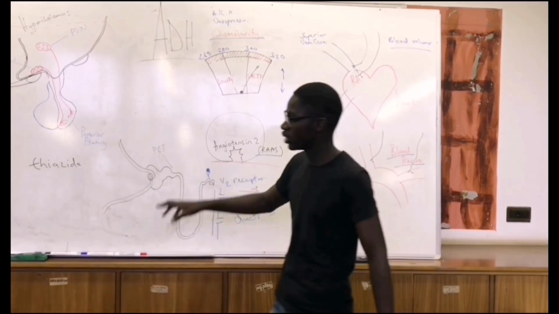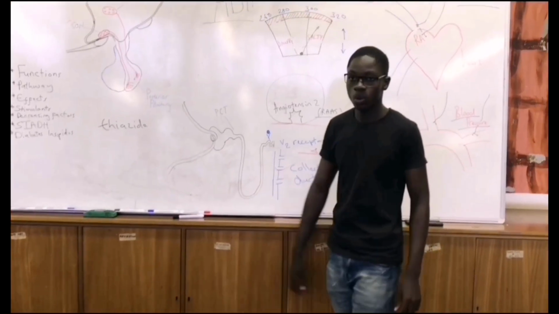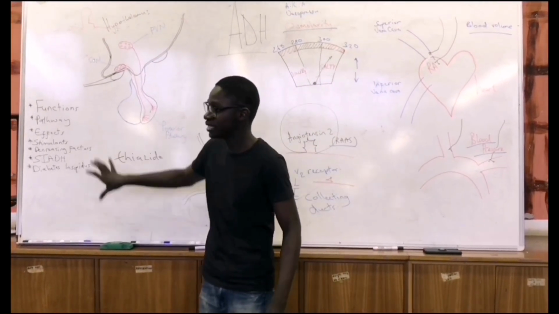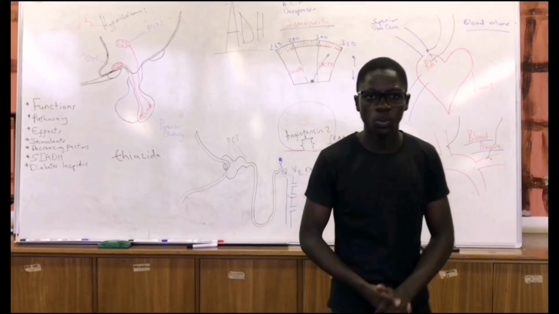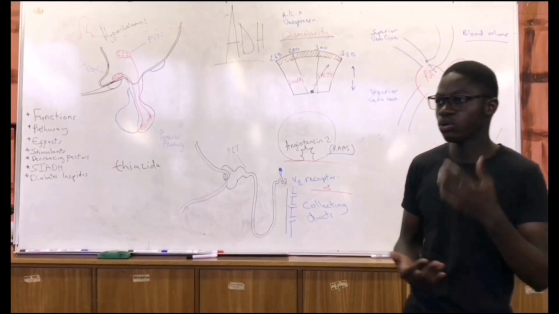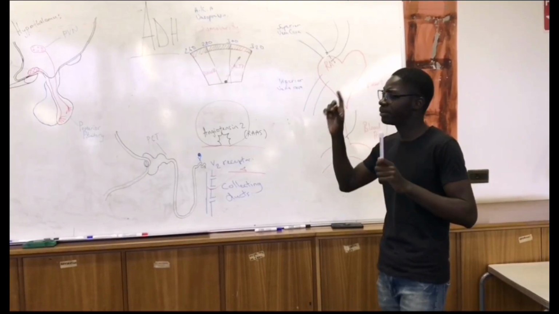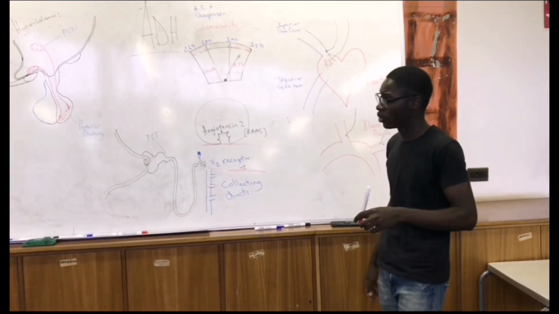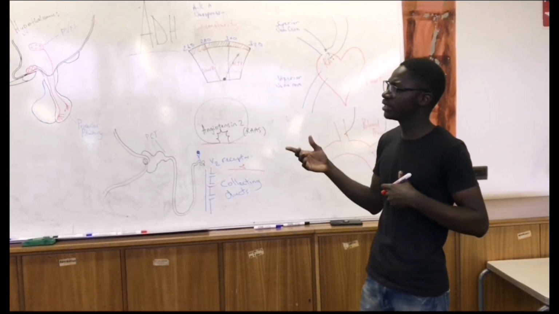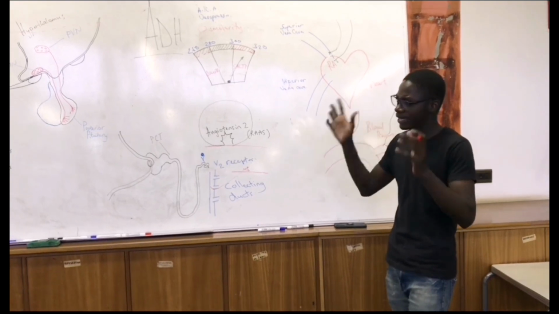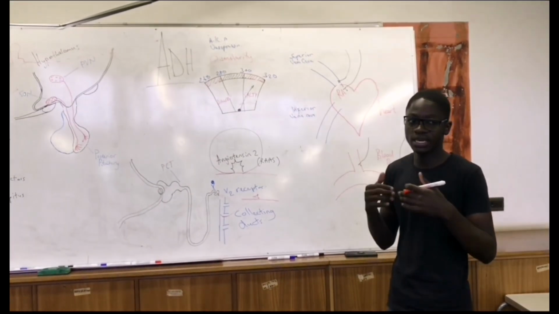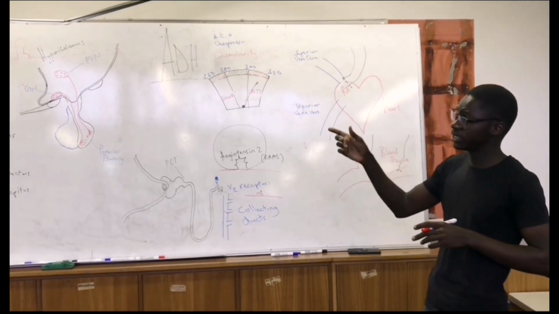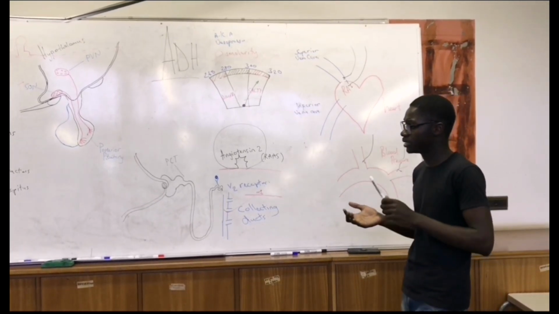Now, there are two clinicals which I'm going to talk about. The first is the syndrome of inappropriate ADH secretion. This is a condition where there is high secretion of ADH. It can either be primary, occurring in the hypothalamus, or secondary, occurring in the lungs. Anything that causes increased secretion of ADH in the lungs or in the hypothalamus can lead to this syndrome.